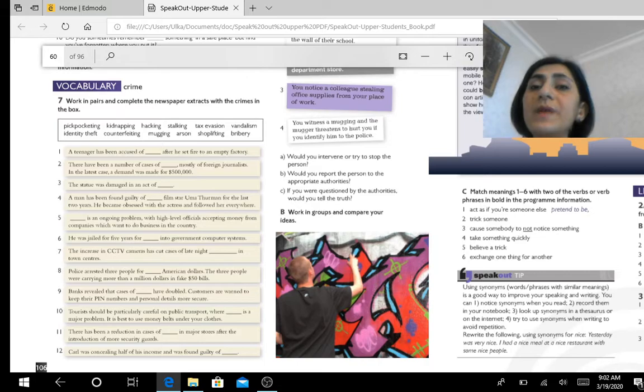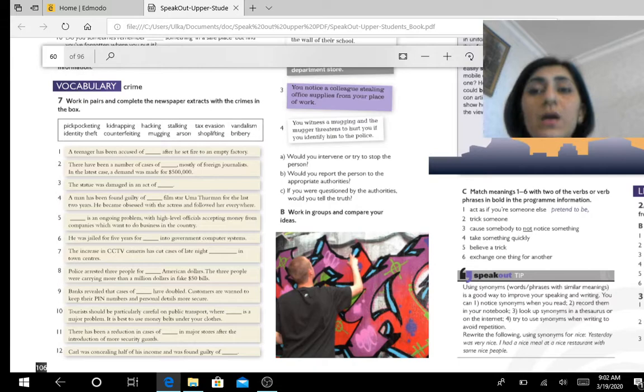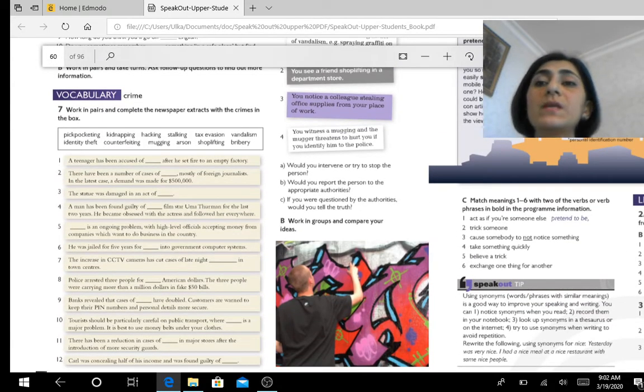It's like pickpocketing, kidnapping, hacking. Do we know all the meanings of these words? Of course, maybe not all of them, but most of them you know. And you have to find out new meanings. Like, I think maybe you don't know what counterfeiting or mugging is. You have to look them up in a dictionary.